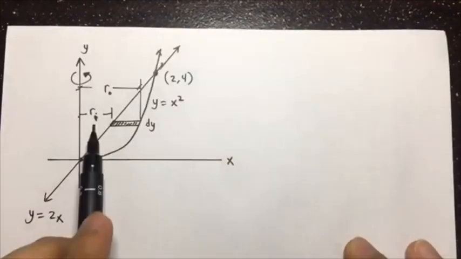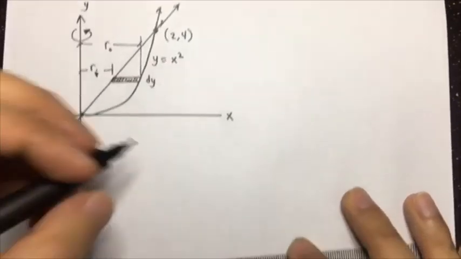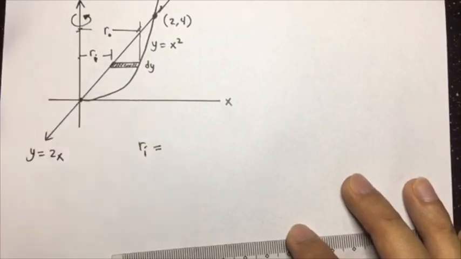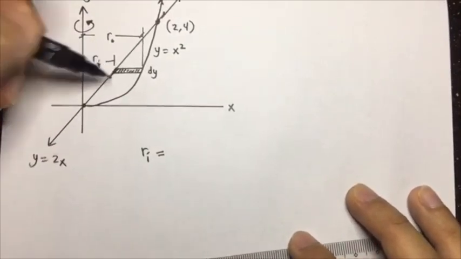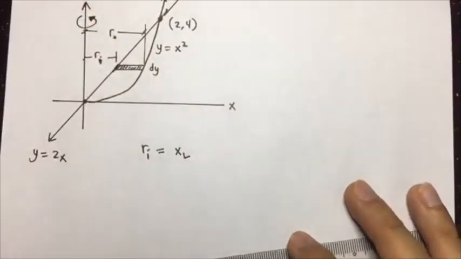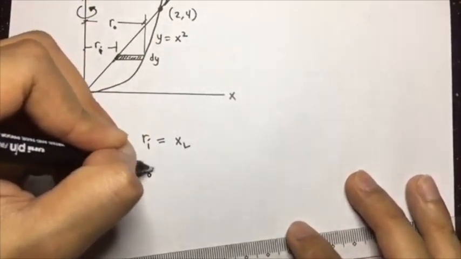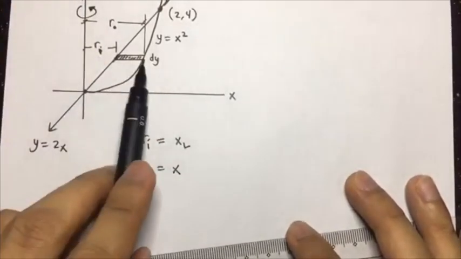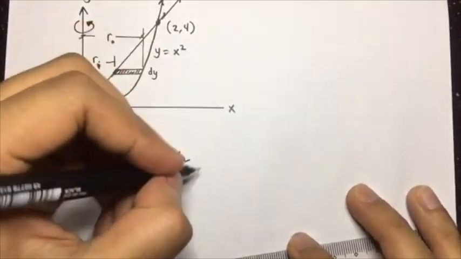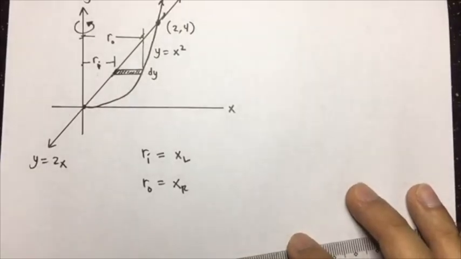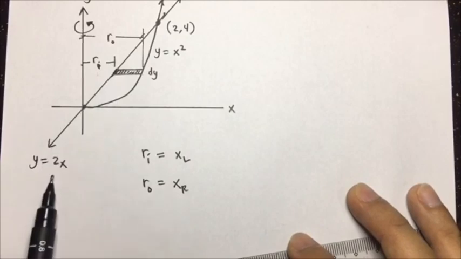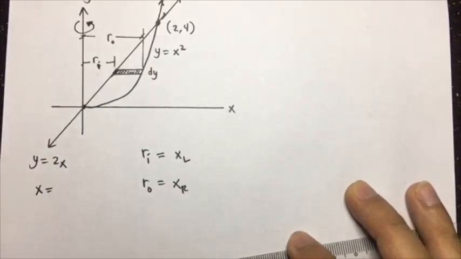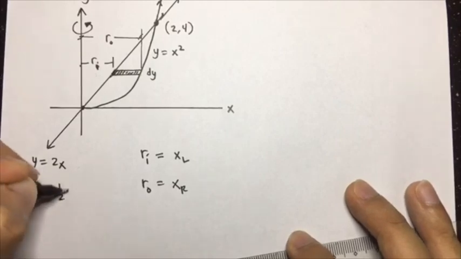The inside radius will be defined by x at the left end of the strip, so that is xl, and the outside radius will be defined by the x at the right side, xr. At the left end we have the x in terms of y. If y is equal to 2x, therefore x is equal to 1/2 of y.